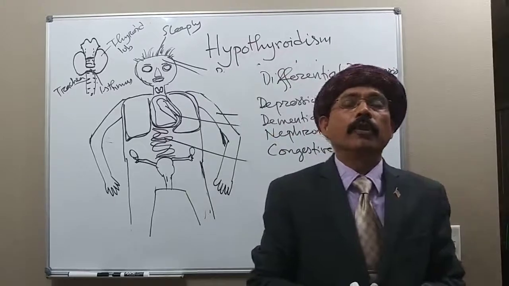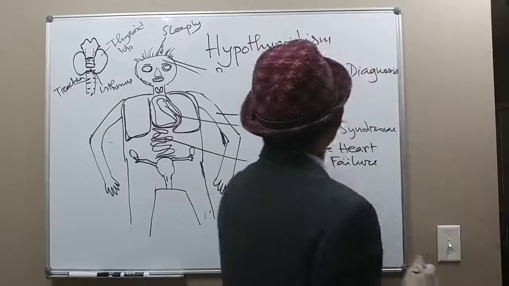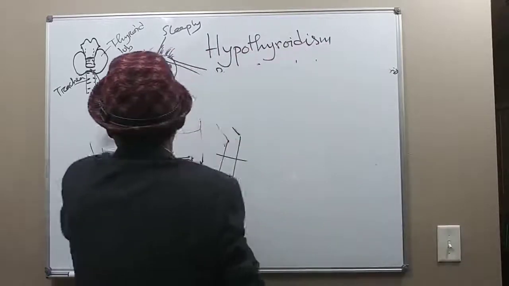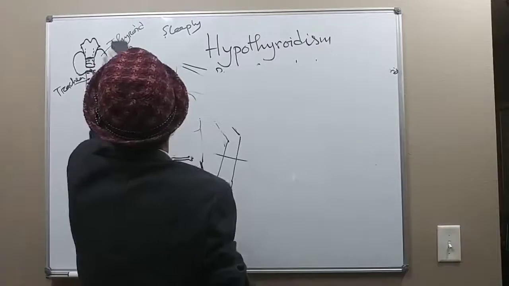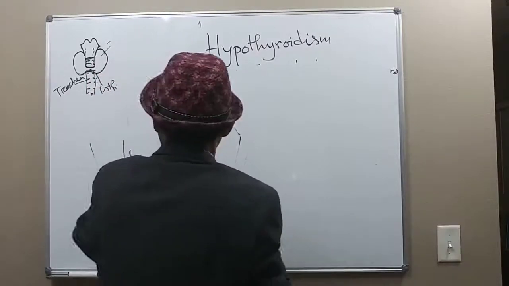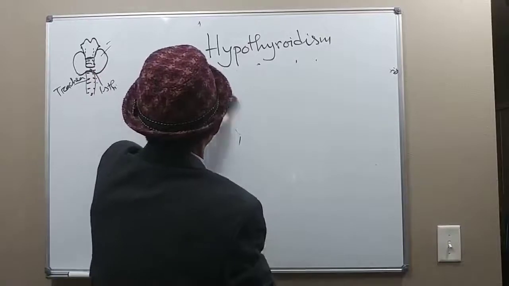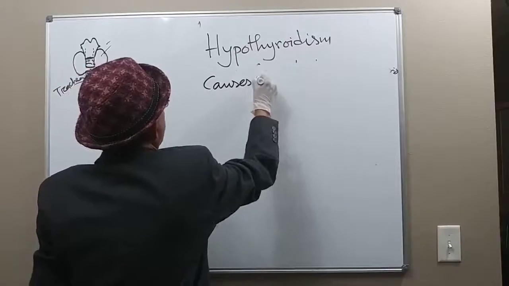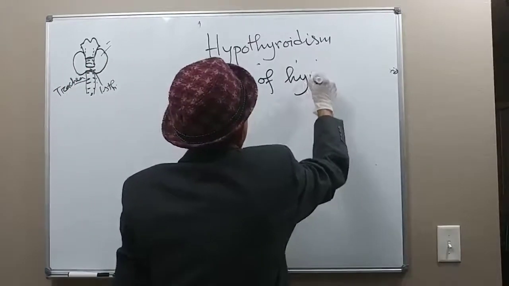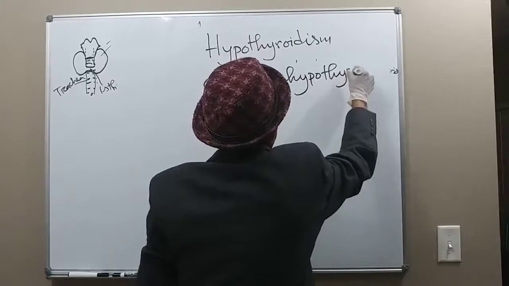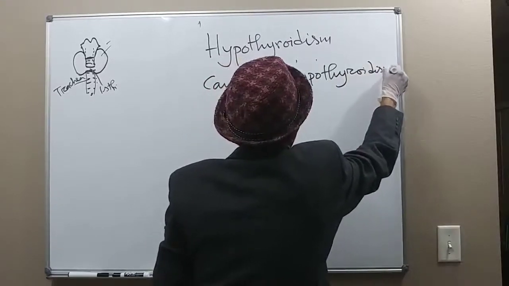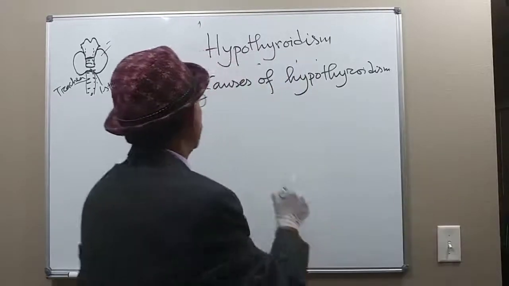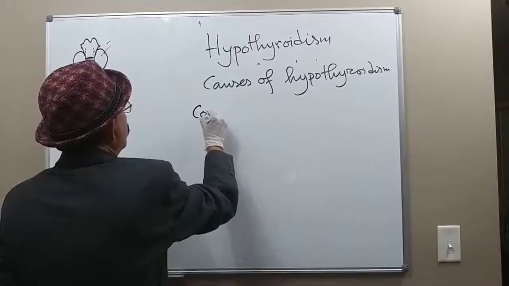Okay, now we'll go to the causes of hypothyroidism. What are the causes of hypothyroidism? Okay, the thyroid gland may not develop, so we may get congenital hypothyroidism.